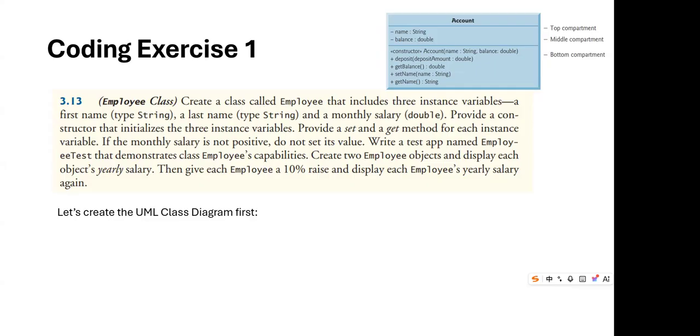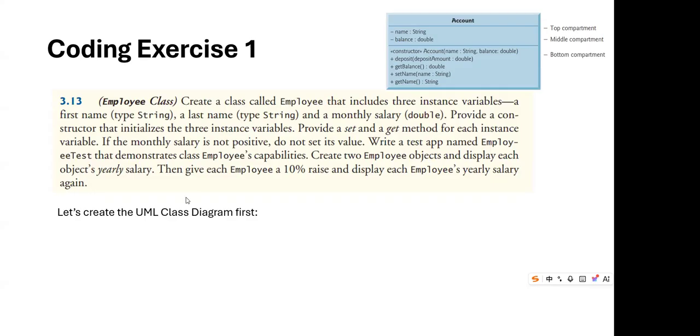And there are some other requirements, like if the monthly salary is not positive, we do not set its value. And we should write a test application named EmployeeTest that demonstrates the class Employee's capabilities. We should also create two Employee objects and display each object's yearly salary. Then give each employee a 10% raise and display each employee's yearly salary again.